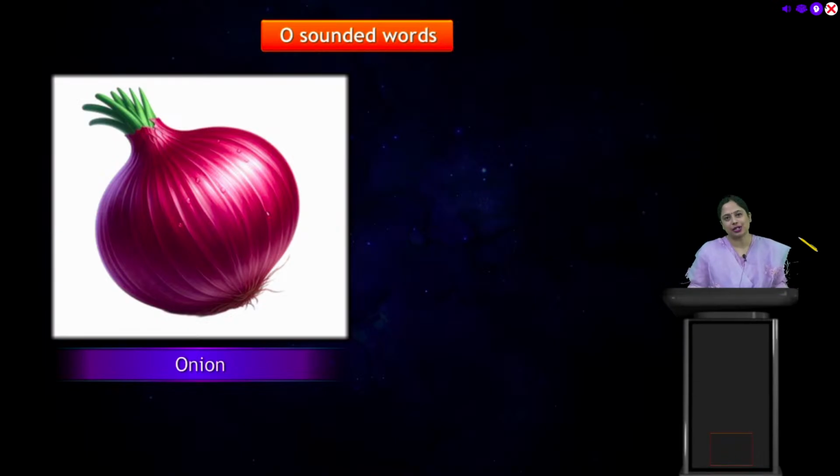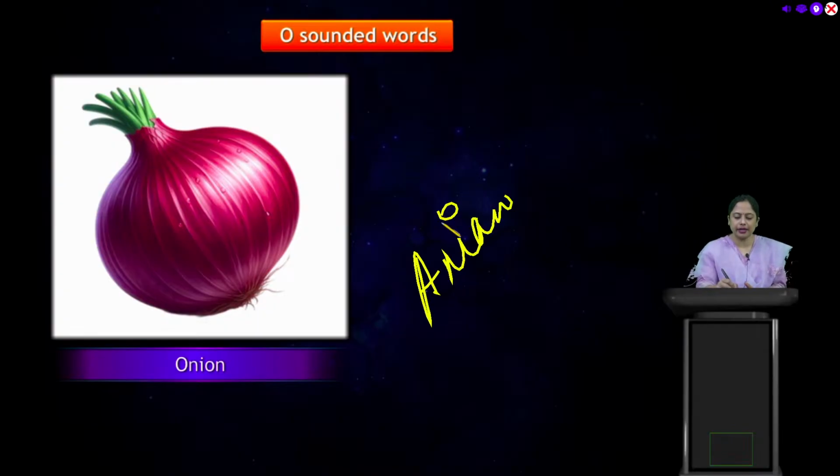Of course not. So what is the right sound of this word? The right way of pronouncing this particular vegetable is onion. It is not the long O, it is onion.